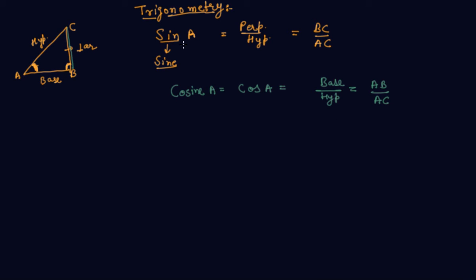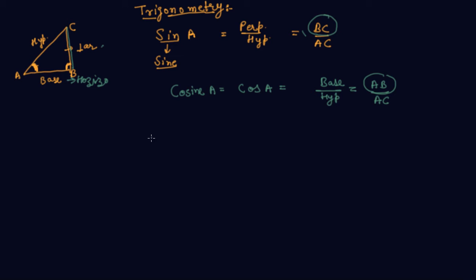The difference between sine and cosine is that in the formula of sine, the perpendicular comes in the numerator, but in the formula for cosine, the base comes in the numerator, which means AB. The perpendicular is the vertical line, and the base is the horizontal line.